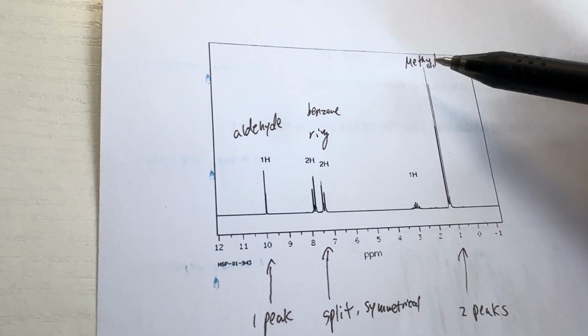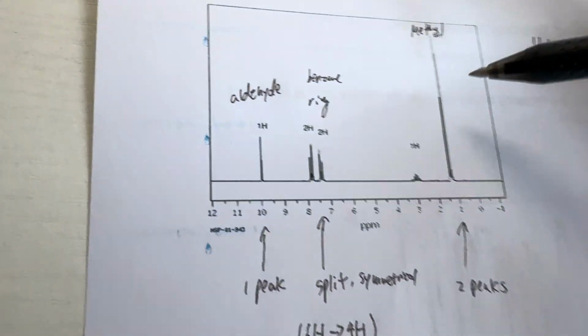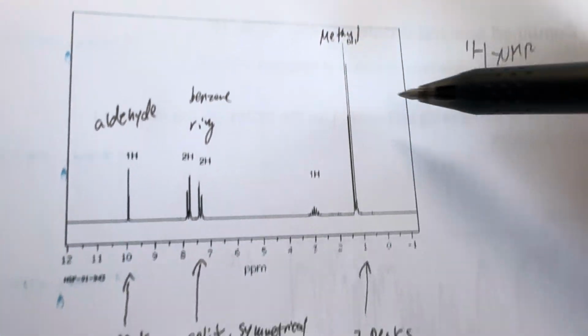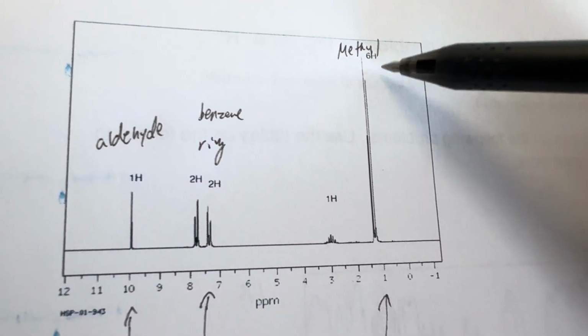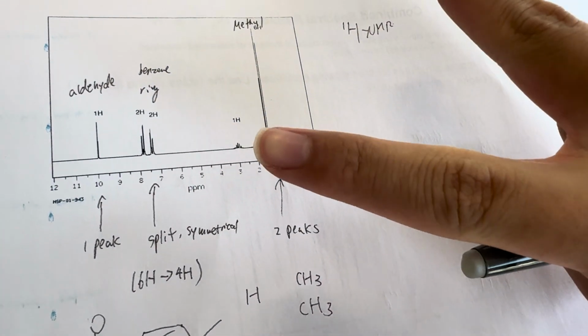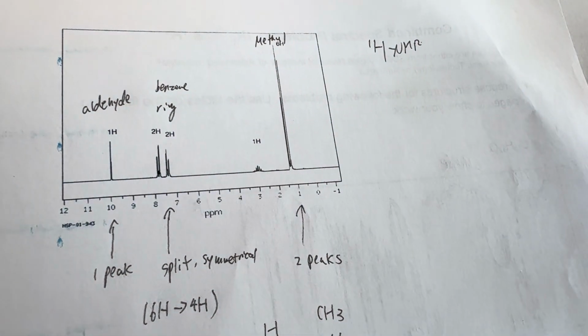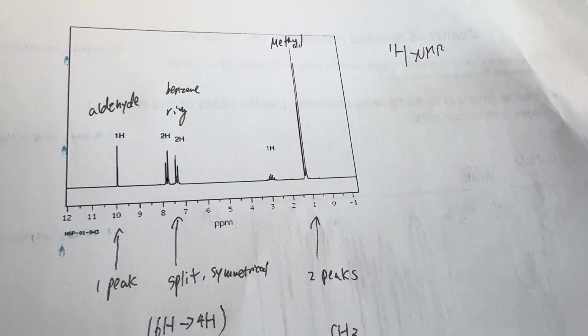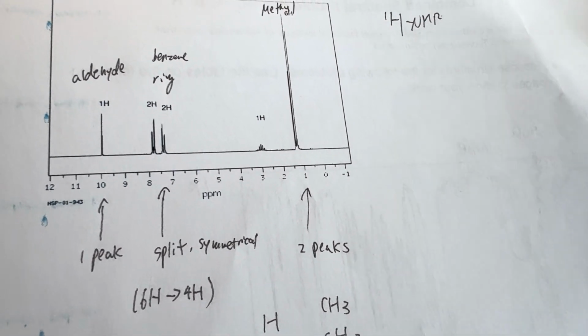The reason it is a methyl is that we can see there are 2 peaks around here, but there's 6H, so it's going to be split into 2 groups, like CH3 like that.